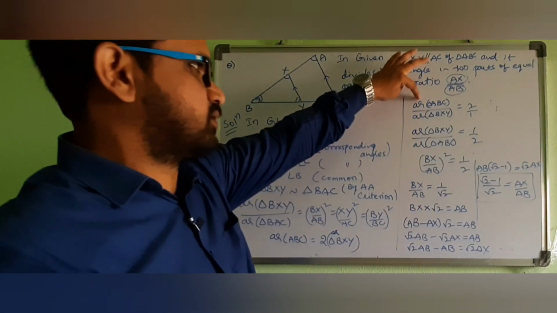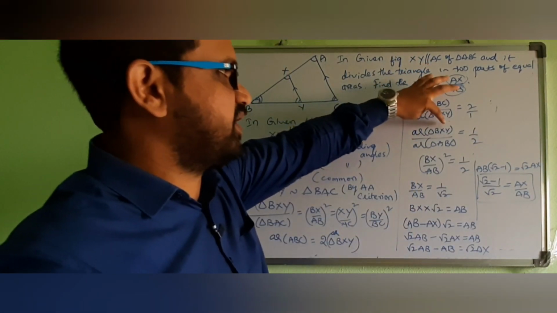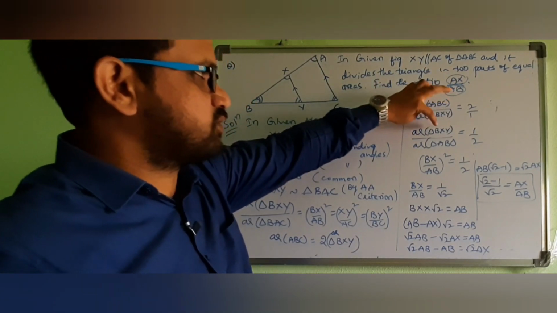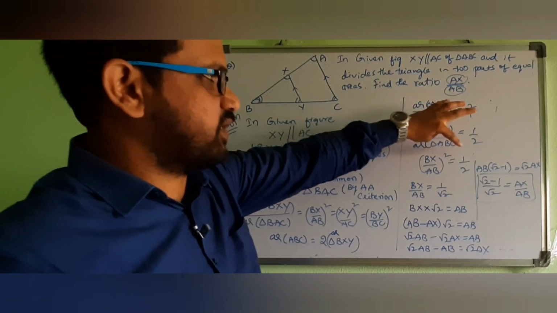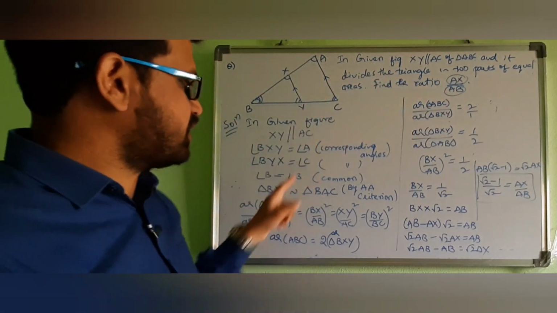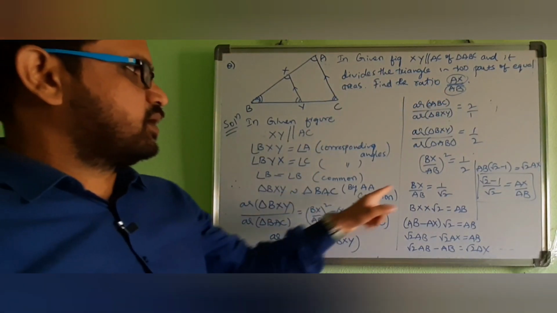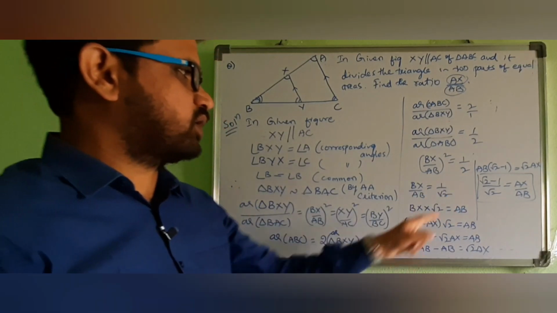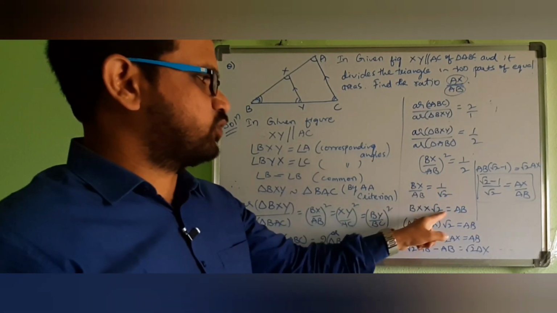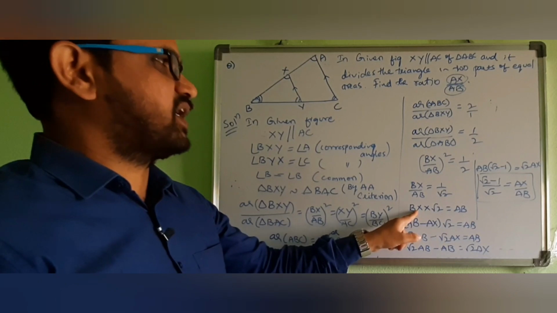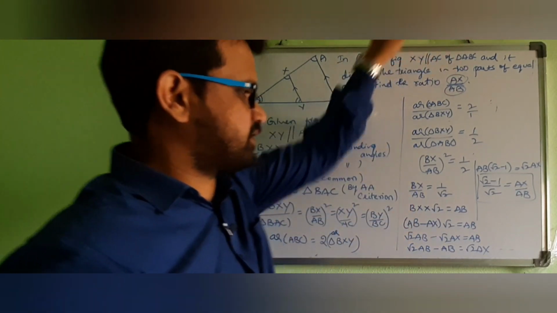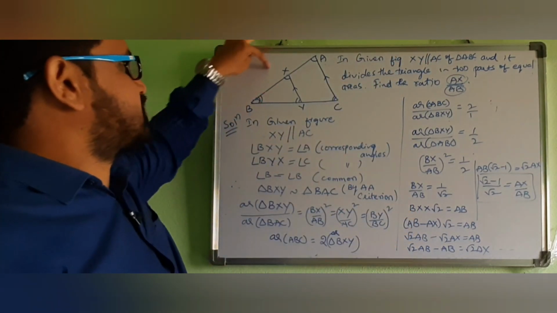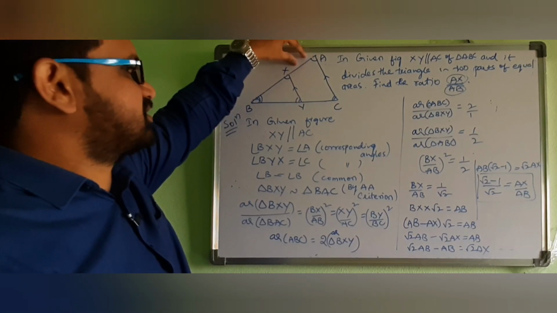Do this carefully: area of triangle BXY, we are doing the reciprocal. So BX by AB whole square is equal to 1 by 2. Why? Because these two triangles are similar. And BX by AB is equal to, taking the square root on both sides, 1 by root 2. Cross multiply: BX into root 2 is equal to AB. BX we are eliminating, because we need only AX. So BX we can write as AB minus AX.